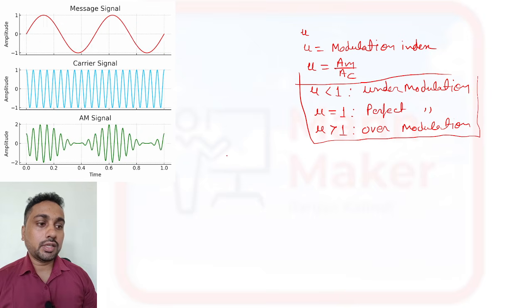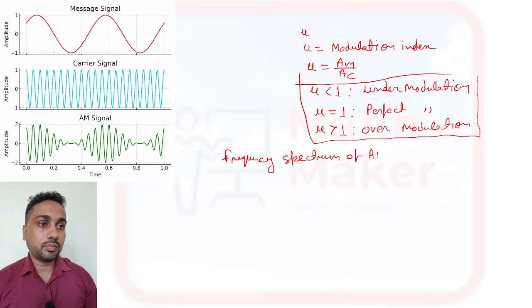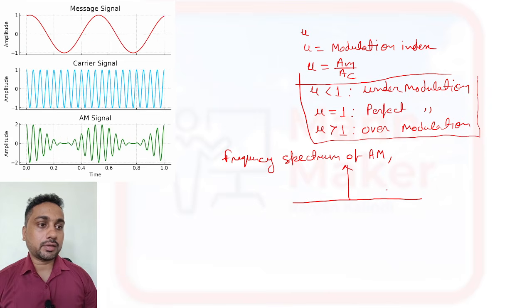Now if you see the frequency spectrum of amplitude modulation, it will be somehow like this. Your spectrum will come.